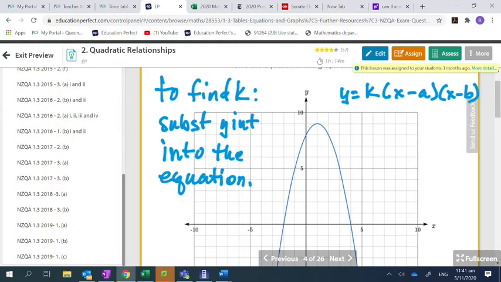I think when we did it, and in the book, I think they used A here. Yeah, they did. And they had B and C. Doesn't matter, right? Doesn't really matter. Okay?